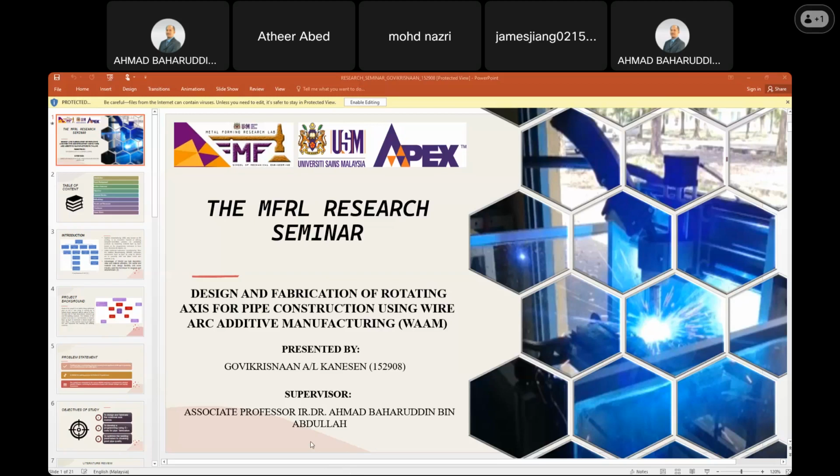For the introduction part, additive manufacturing, also known as 3D printing, is a process utilizing computer-controlled processes to produce products by depositing material layer by layer based on the program command. Looking at the classification of AM, under directed energy deposition there are three types of wire welding: wire electron beam freeform fabrication, wire laser additive manufacturing, and wire arc additive manufacturing.